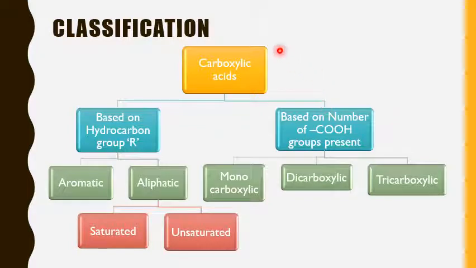So if you take RCOOH, based on the R part you have one type of classification, and based on the COOH part you have the other type of classification. So it's easy to remember. Just write the RCOOH group, which is the general formula of carboxylic acid. Based on the R group, one type, and based on the COOH, the other type.